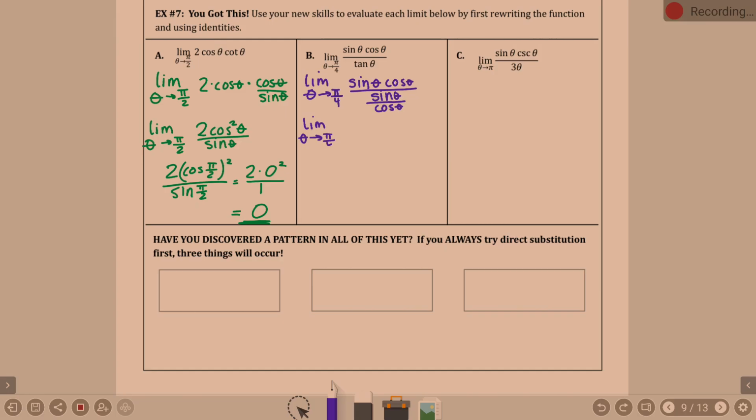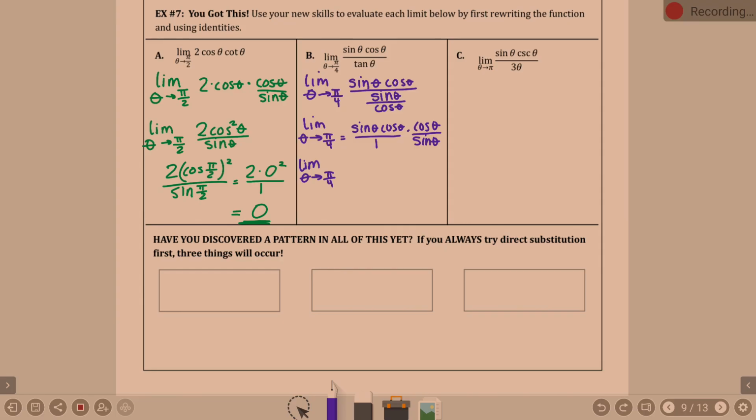So you end up with sine theta, cosine theta times cosine theta over sine theta, right? That's one way to look at it, I guess. Anything cancel this time? The sines do.